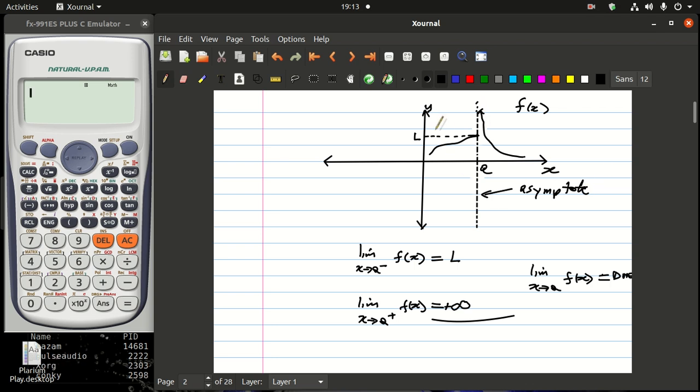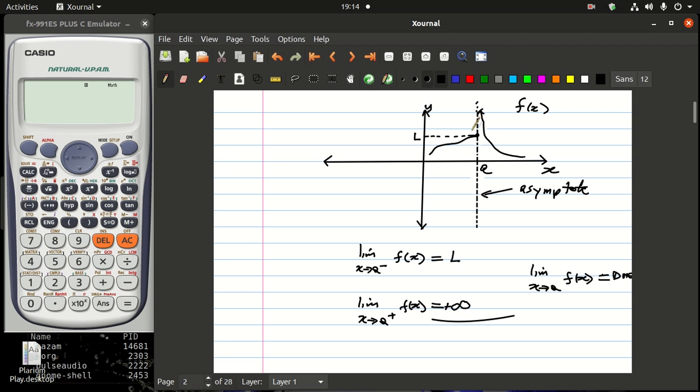Is a now an asymptote? I mean, this function at this point is actually defined, because looking at this function, it is defined here. But if I'm looking at this function here, as I get closer and closer, it's not going to touch this. Now the question is, are we actually having an asymptote here?